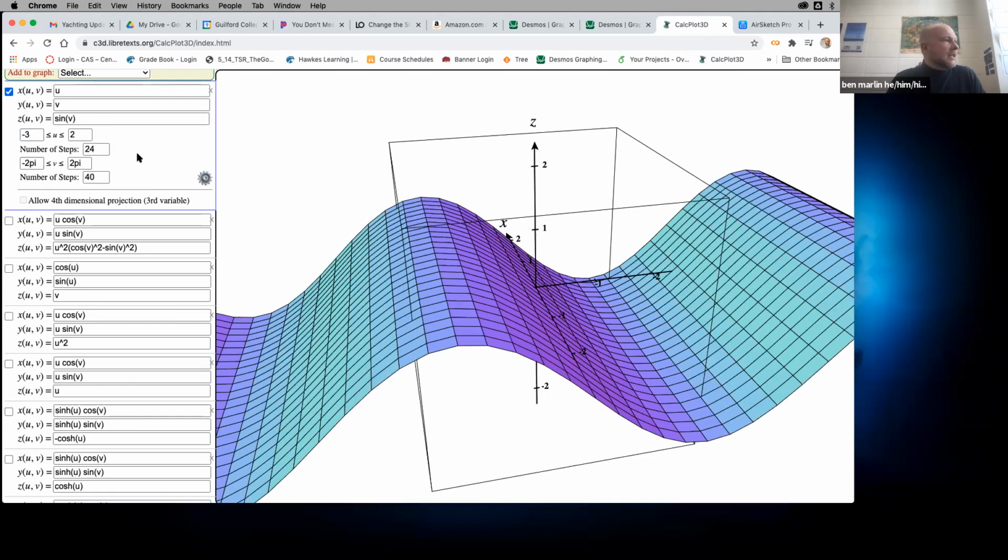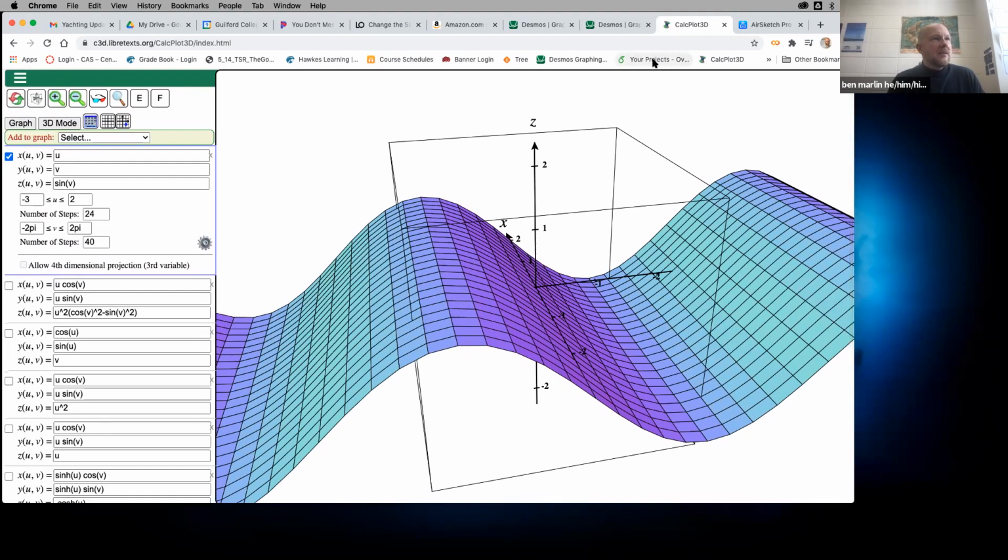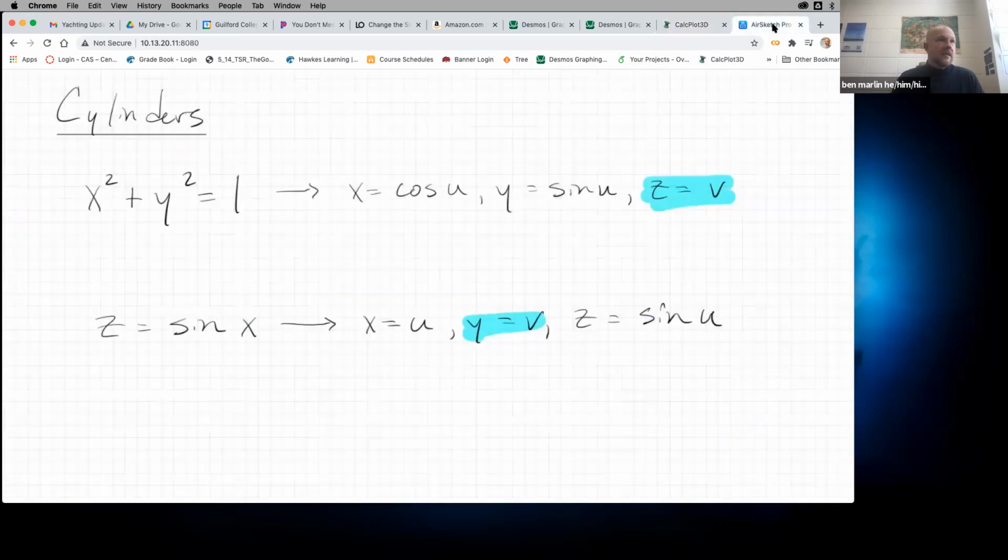But in any case, you have something that we happen to refer to as a cylinder. It's just not a round cylinder.